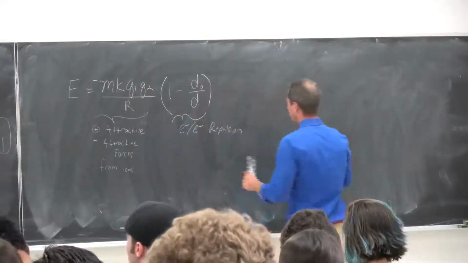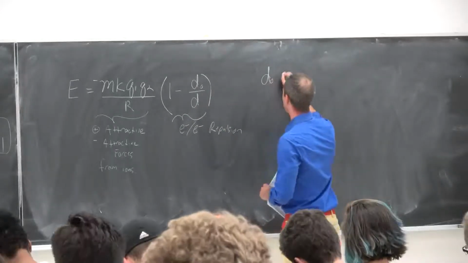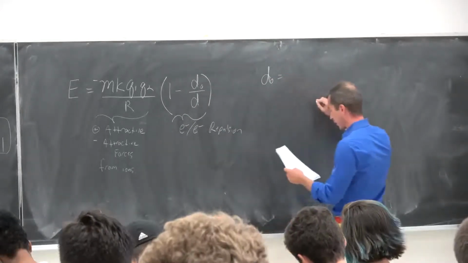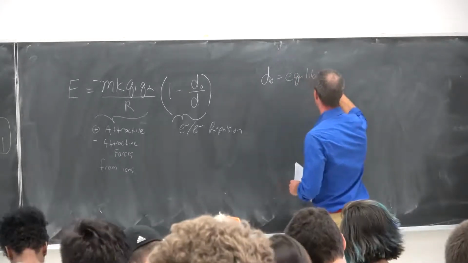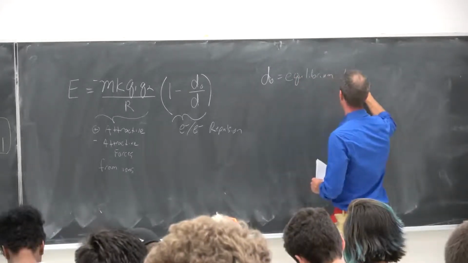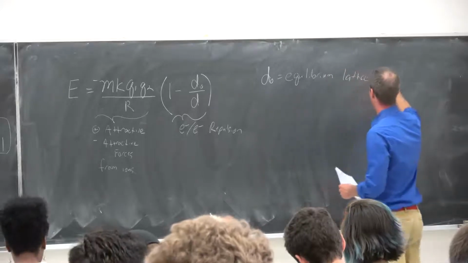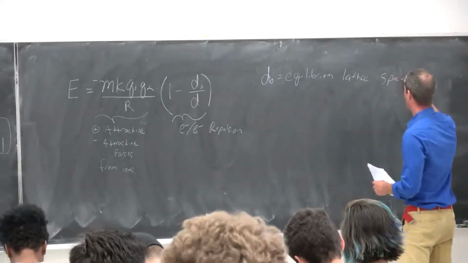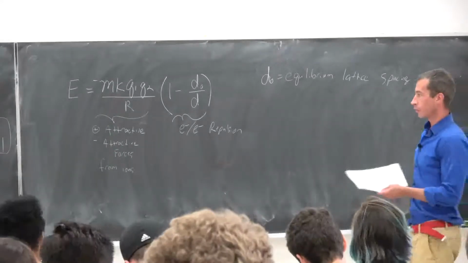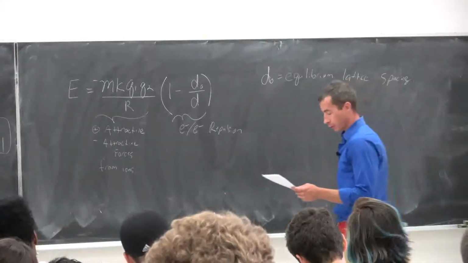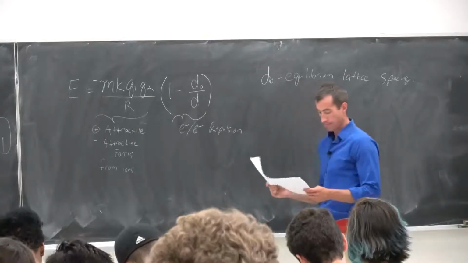And D0 then is the equilibrium lattice spacing, which we already calculated to be 2.83.